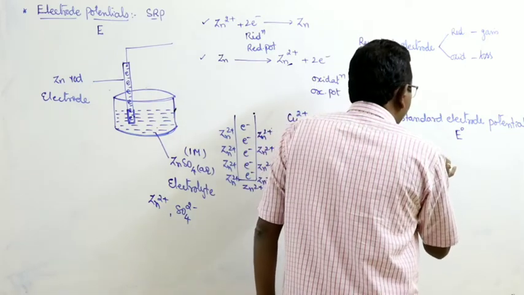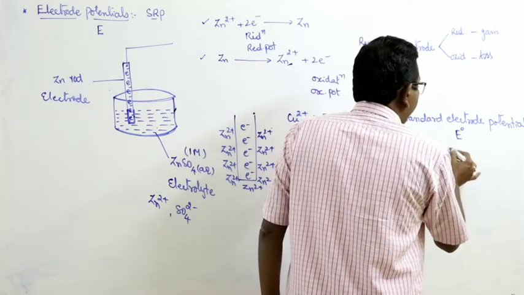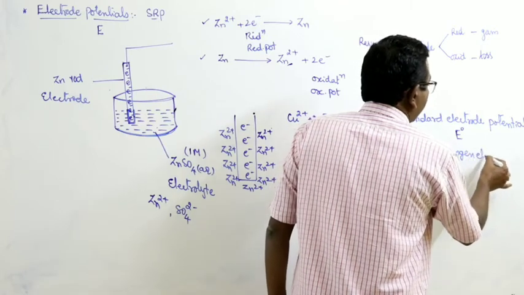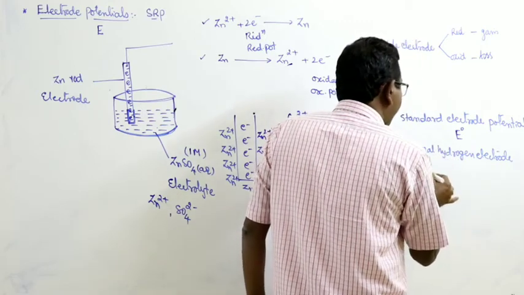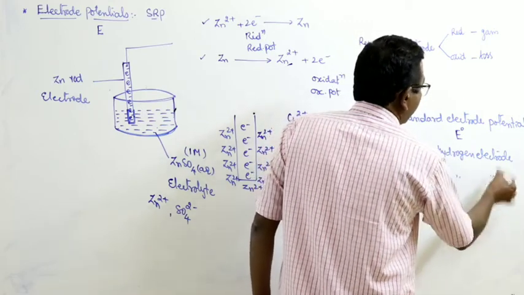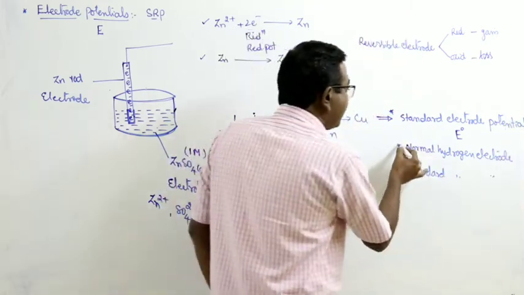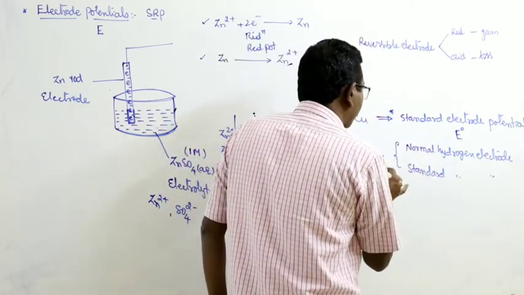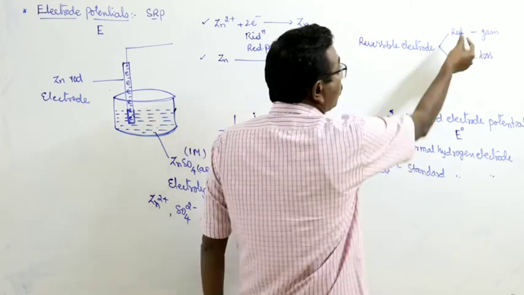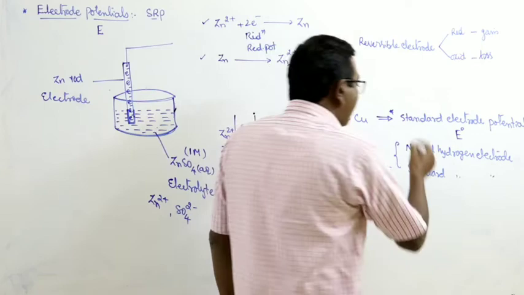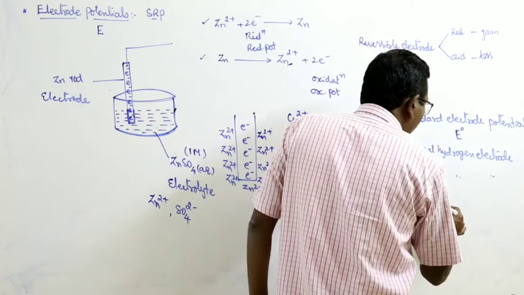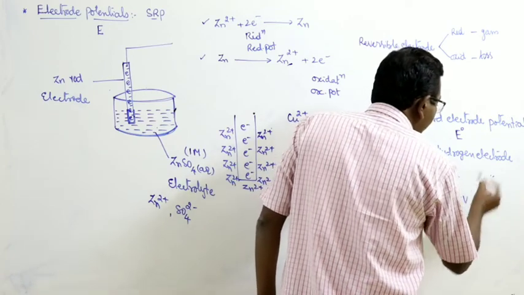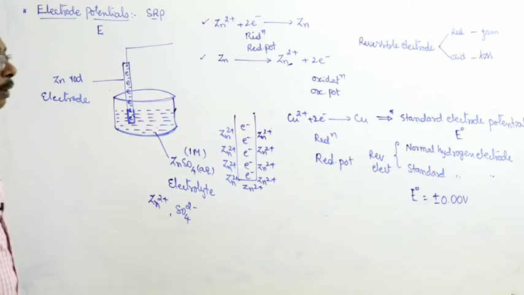By using the normal hydrogen electrode, which is also known as the standard hydrogen electrode, plus or minus 0.0 volts.